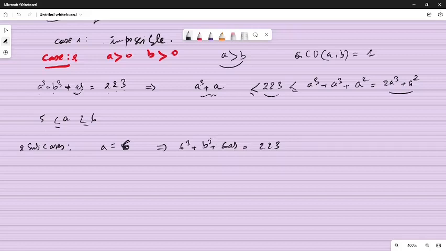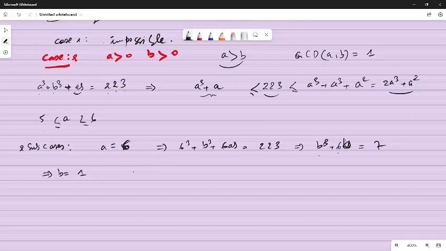And I've used my calculator, and this implies that b cubed plus 6b equals 7. And I see immediately that b equals 1 because 1 plus 6 equals 7. This implies that b equals 1.